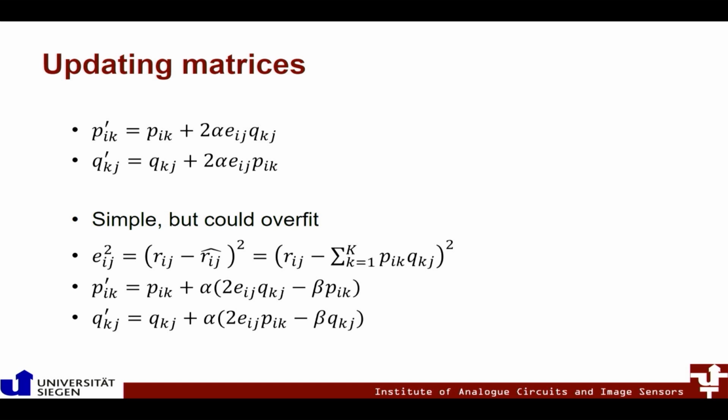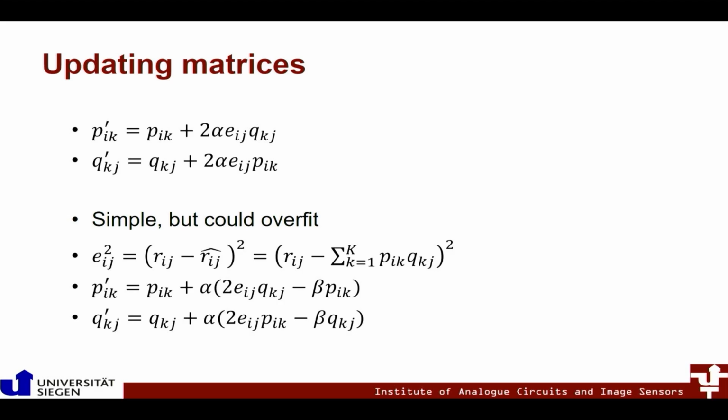So this is matrix factorization. Let's try to find P and Q matrices from the known elements, starting with random matrices.